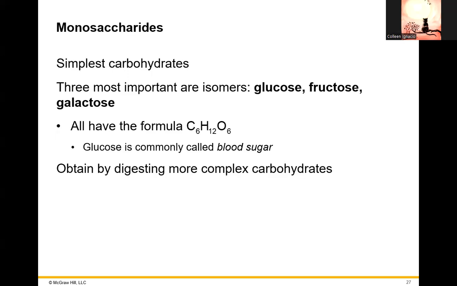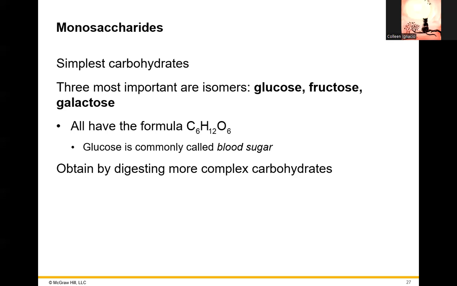Let's break our carbohydrates down and let's talk about monosaccharides. Mono meaning one kind of sugar. So monosaccharides are the simplest carbohydrates. And the 3 most important are isomers, meaning that they all have the same formula, but the way that they bond or link up is different. So these isomers are glucose, fructose, and galactose.